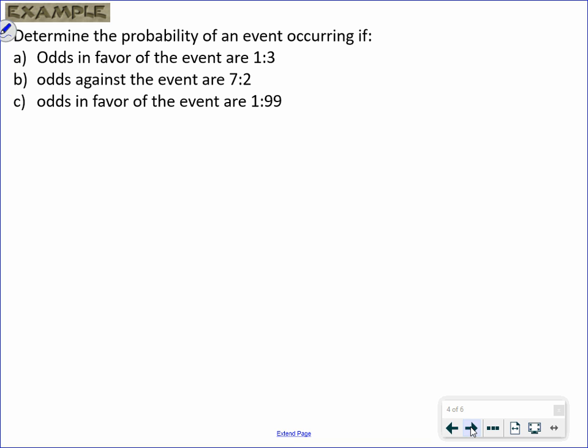In this example, we want to determine the probability of an event occurring if, in part A, the odds in favor of the event are 1 to 3. So we want to find the probability of something happening. So with the odds in favor, we've got the happening compared to not happening.